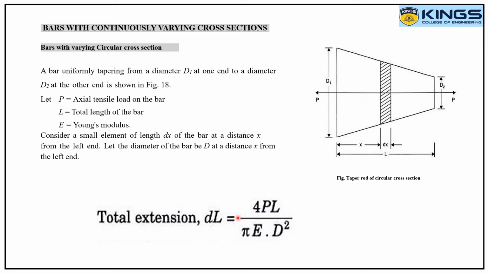Now, for solving the problems, we require only this total extension for continuously varying cross section, and for different sections, like that only. Hence, the total elongation for continuously varying cross sections will be del L is equal to 4PL by pi E d square, right?